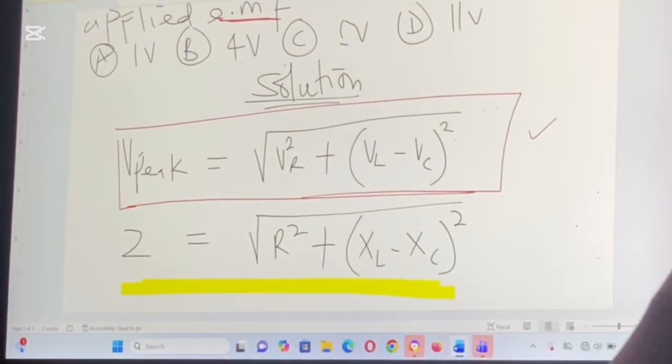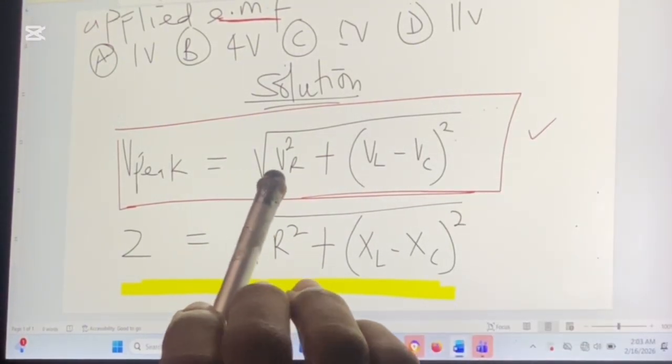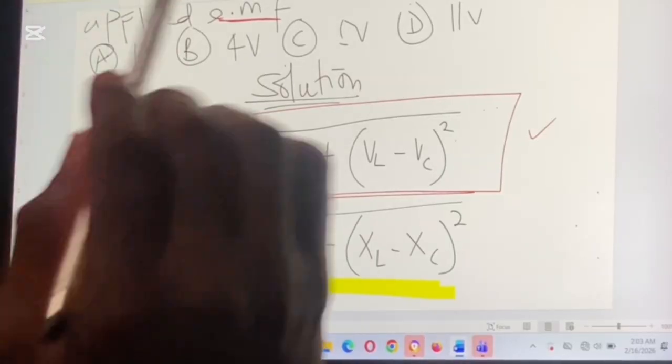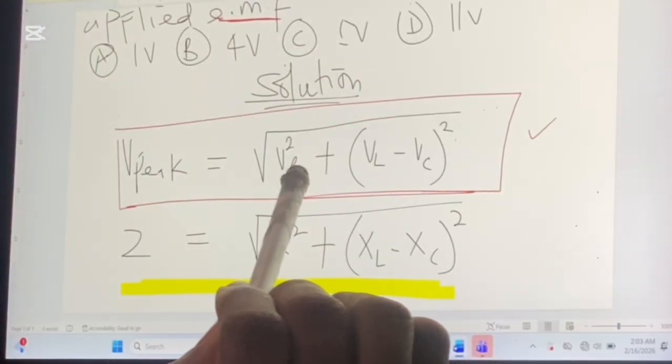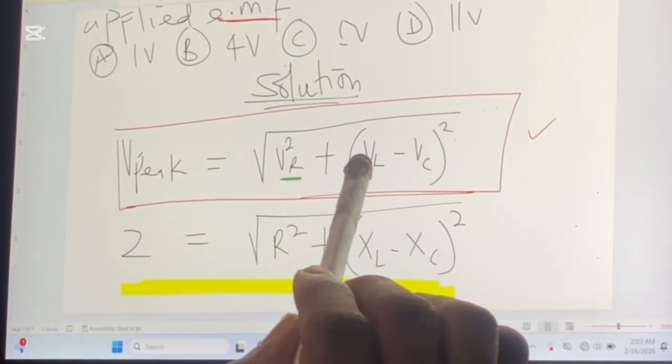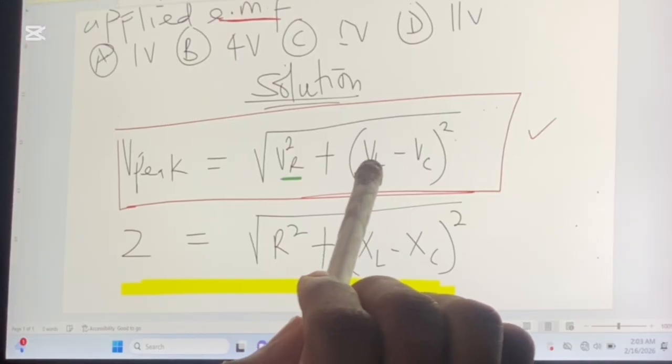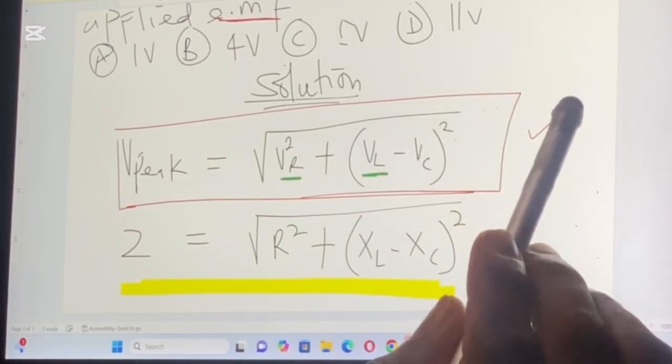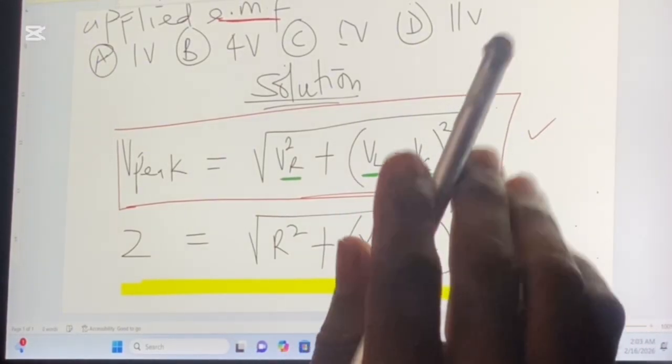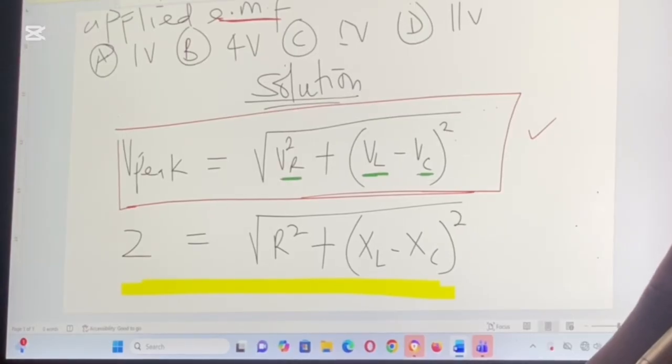Now, using this formula here, let's replace the values. VR is given to us as 3 in the equation. Please take note. VL is given to us as 6, while VC is given to us as 2. So let's replace the values and calculate the peak voltage or the effective voltage.